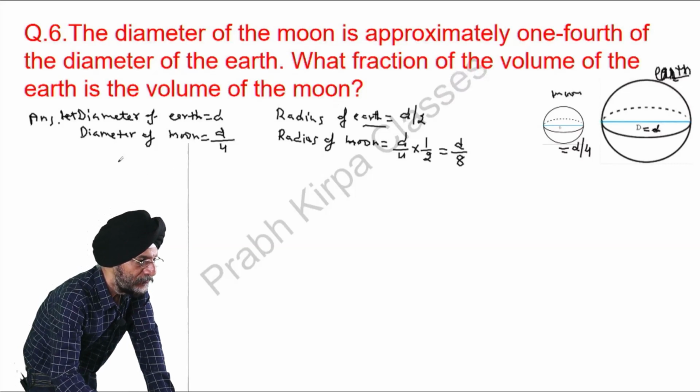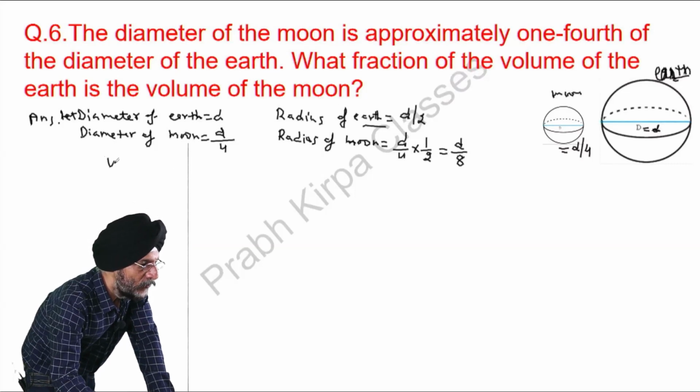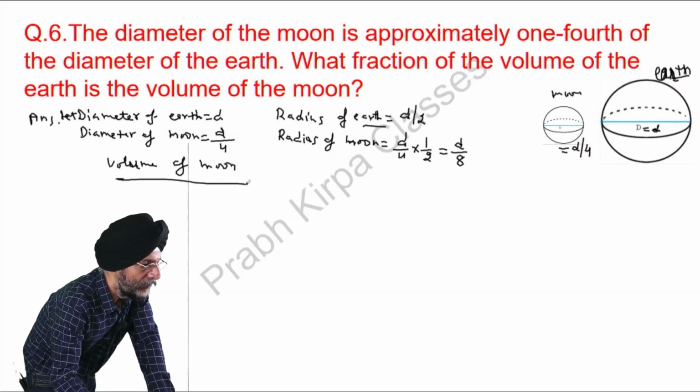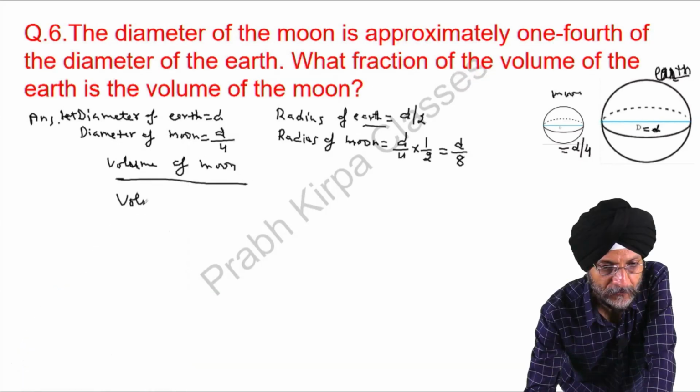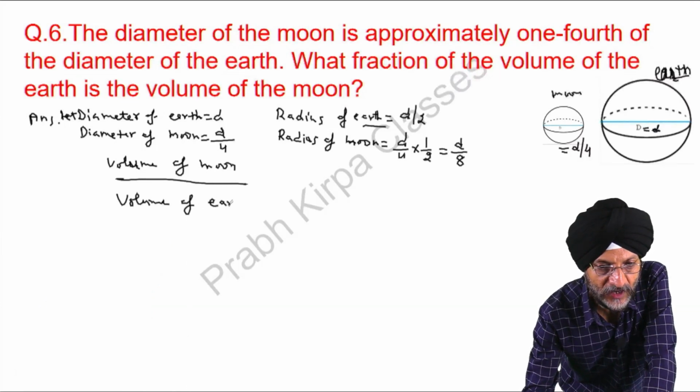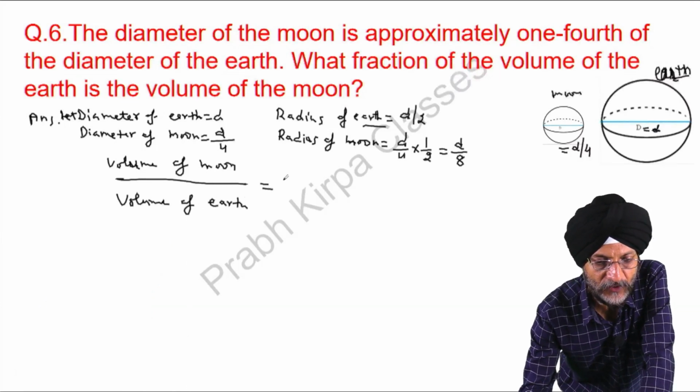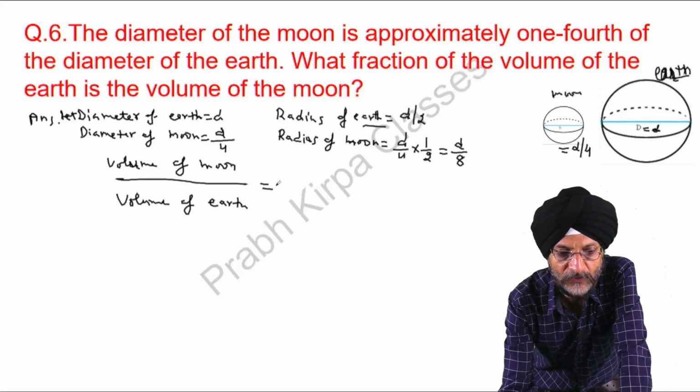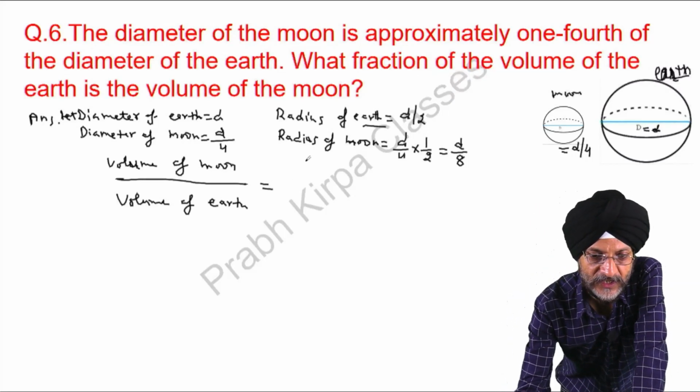It means that we have to calculate volume of moon divided by volume of earth. Now what is the formula for calculation of volume of a spherical object?